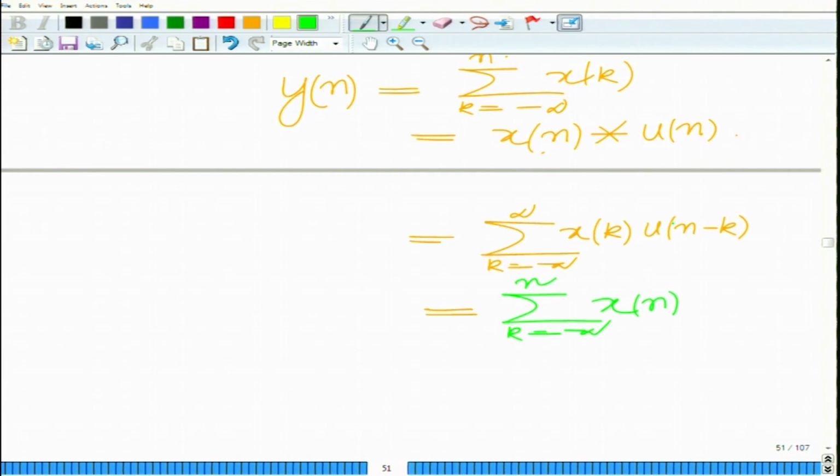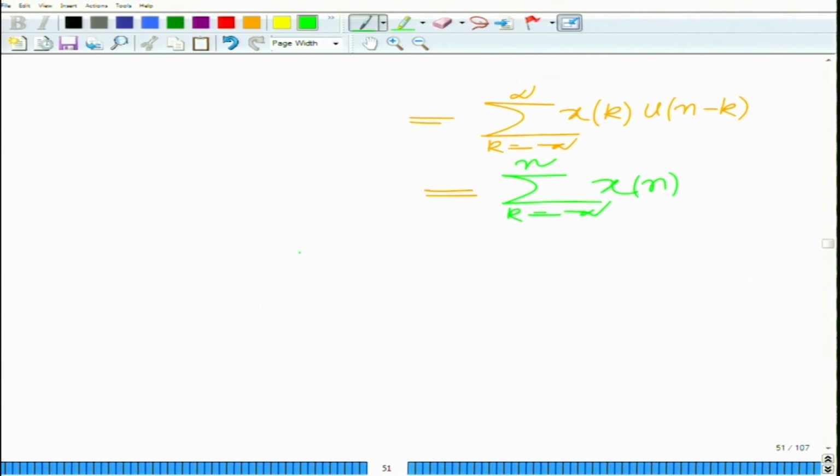Now, convolution in time becomes multiplication in the frequency domain. So, Y of omega, which is the DTFT of the accumulator, is basically X of omega times U of omega.